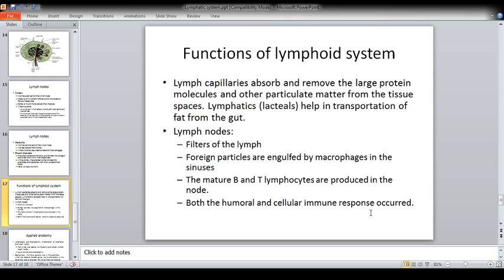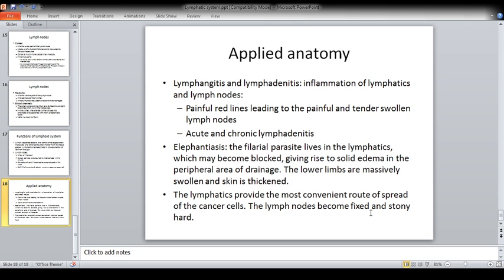So that is cell mediated immunity, whereas humoral immunity is when there are antibodies that are already present there. So both kinds of immunities would occur in the lymph node. Now let's look at some diseases of the lymph nodes.